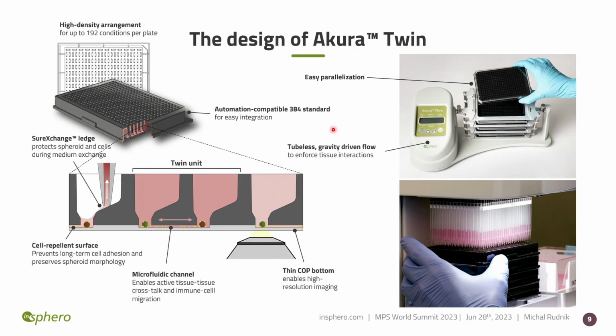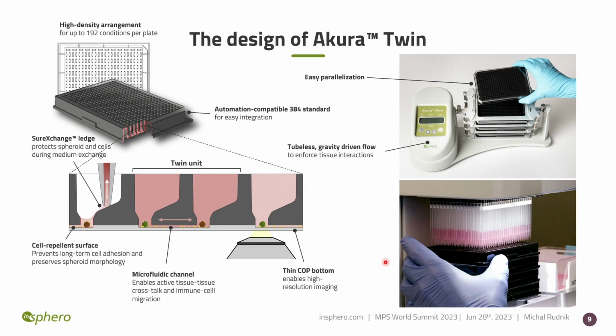So the Akura Twin plate is based on the standardized 384 well plate format, so it can be easily integrated in your pipelines. There are 192 twin units in a single plate with a cell-repellent surface that prevents cell adhesion and preserves spheroid morphology long-term. We have integrated a secure exchange latch, which protects spheroids over multiple media exchanges and secures minimal residual volume.